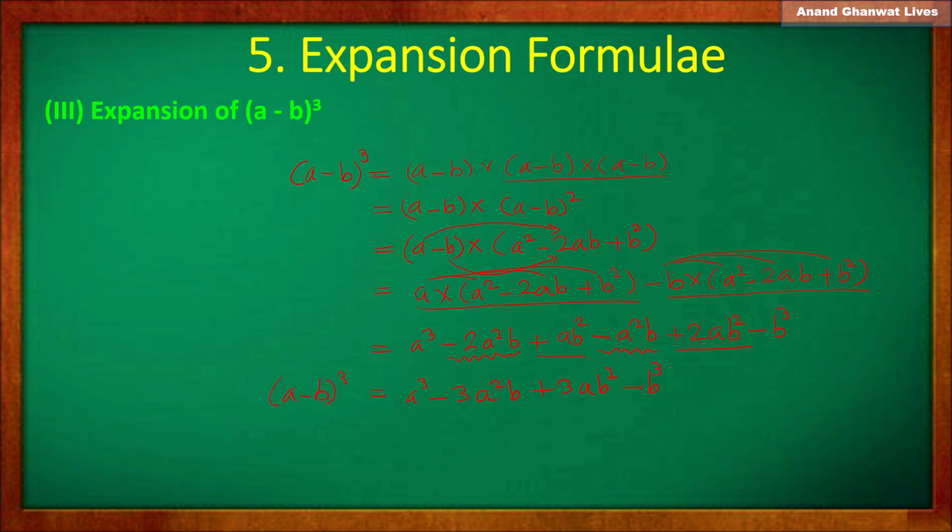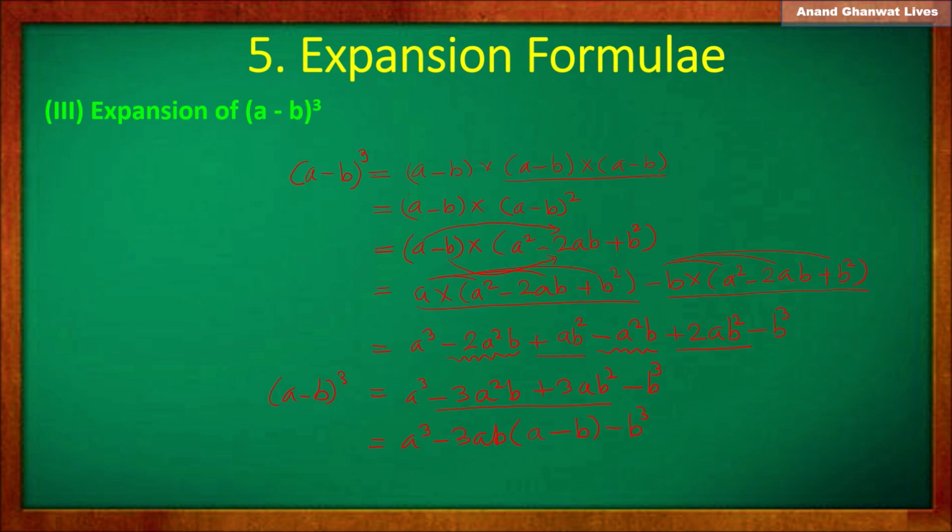So now this expansion can be written as, taking common from the second and third terms, a cube minus 3ab into bracket a minus b, and minus b cube. So that is the expansion of a minus b, its cube.